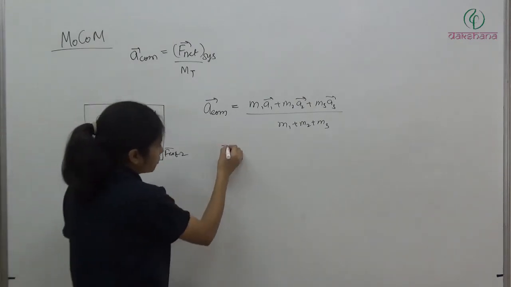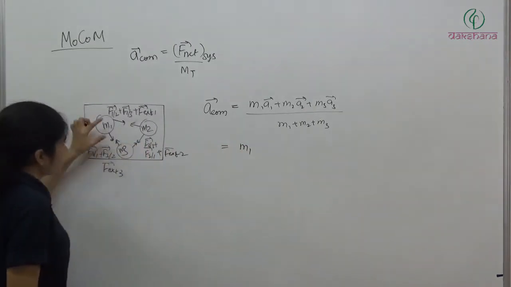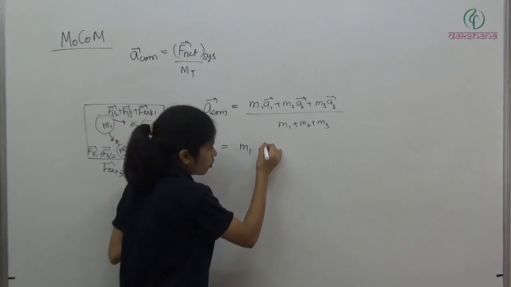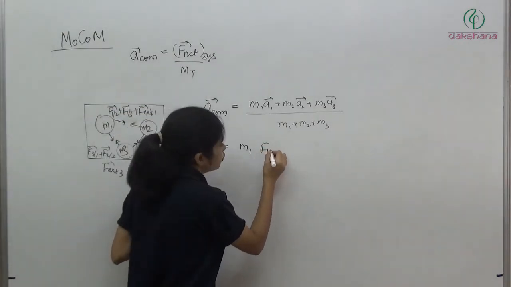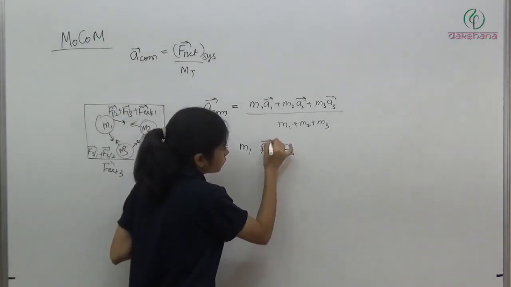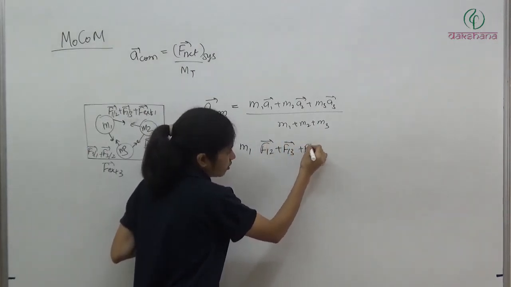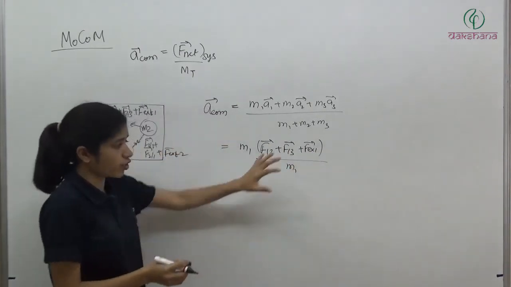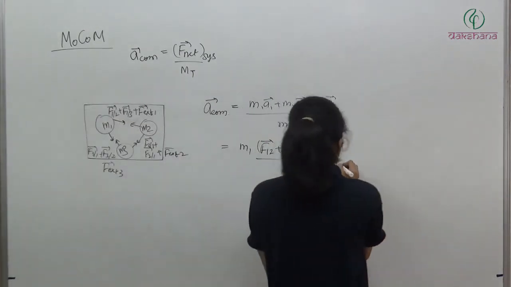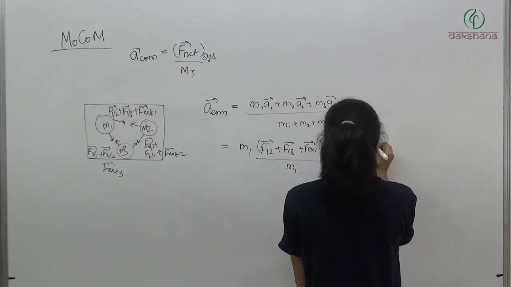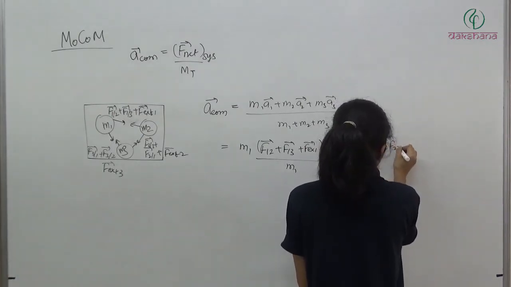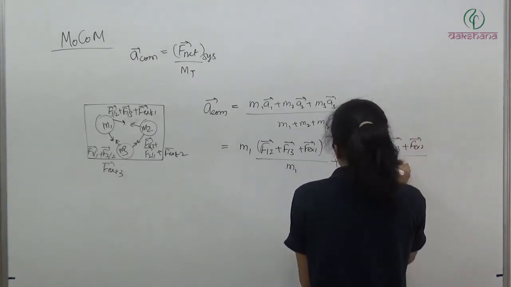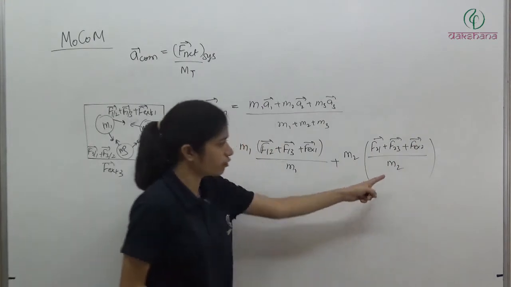Now the acceleration of 1 will be the total force on 1 divided by the mass of 1. So the total force on 1, F12 plus F13 plus F external 1, divided by its mass, this is the acceleration of the first mass. Plus m2 into the acceleration of the second mass, F21 plus F23 plus F external 2 divided by its mass, this is the acceleration of 2.